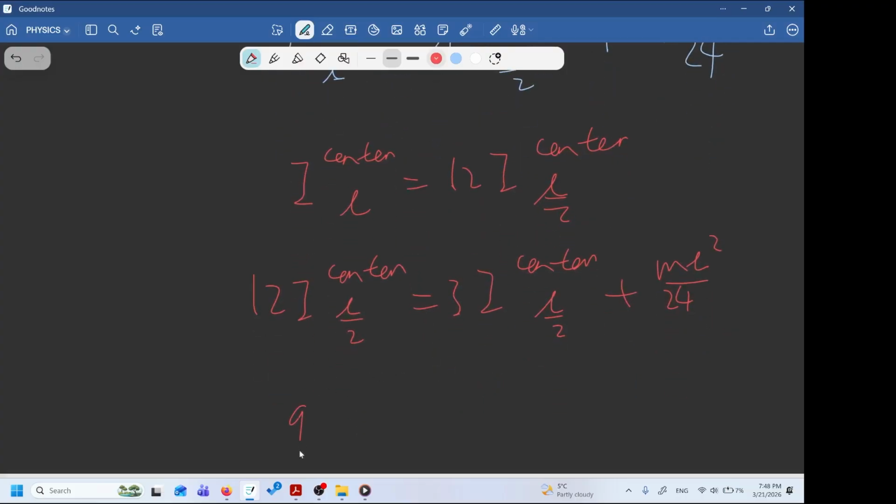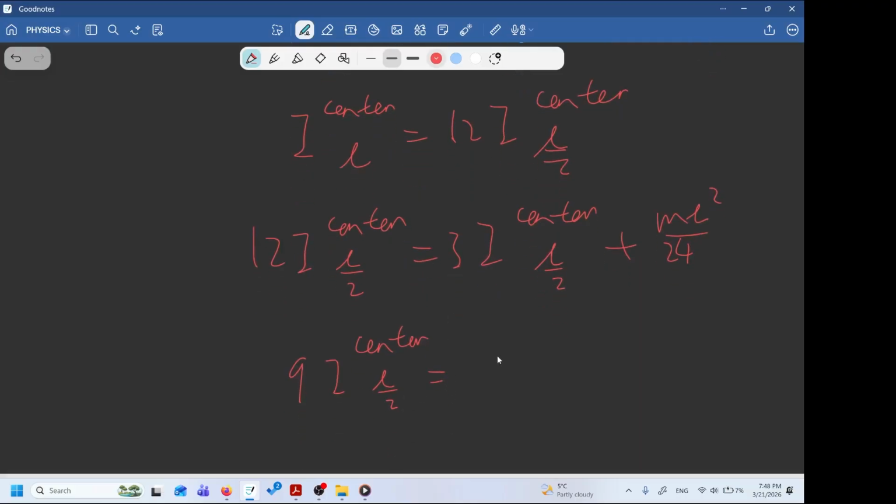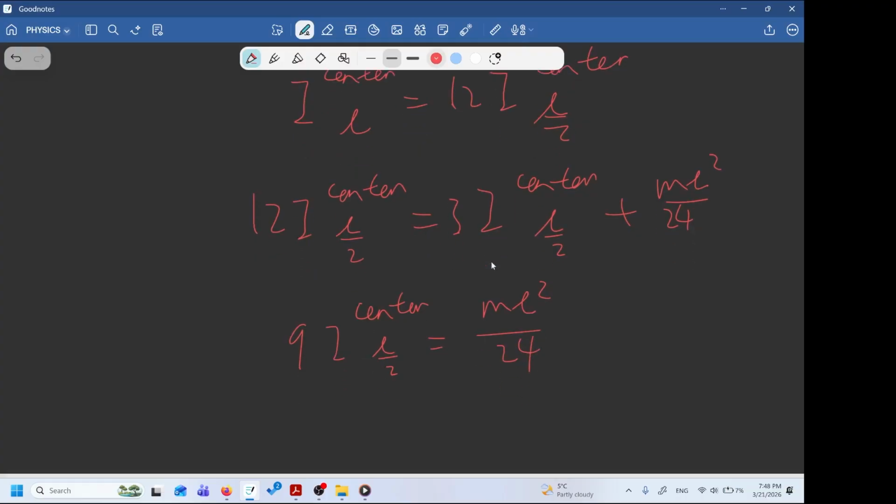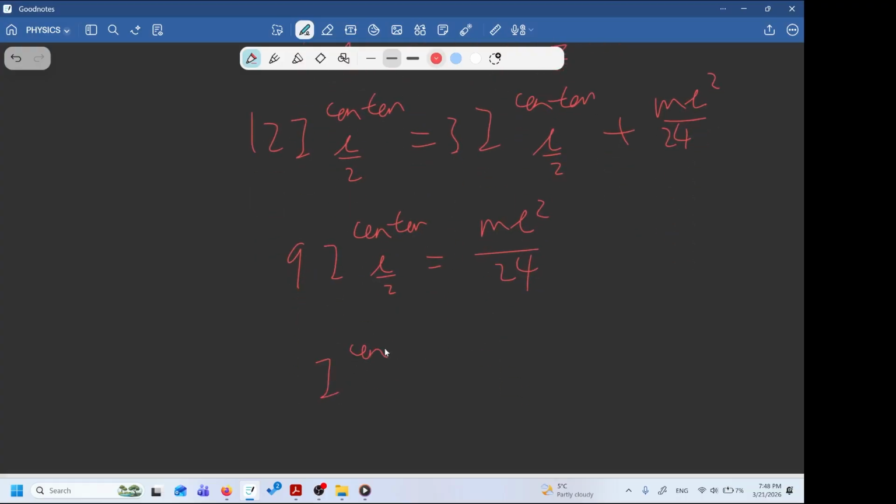And so this is 9 I center L over 2 equals m L squared over 24. And so I center L over 2 equals m L squared over 24 times 9, which is 216.